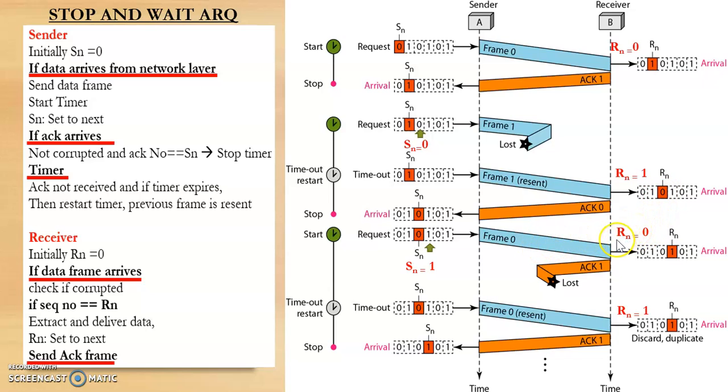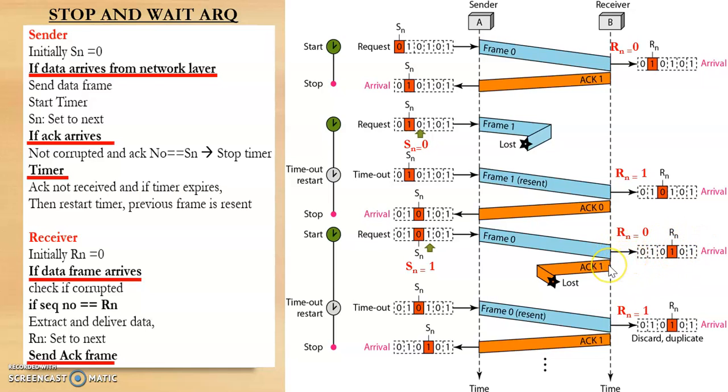As a result, the data link layer will extract the information from it and deliver the data to the network layer. After the data is delivered, Rn will be set to the next acknowledgement number, that is 1.